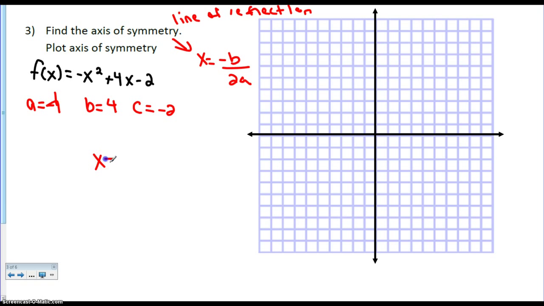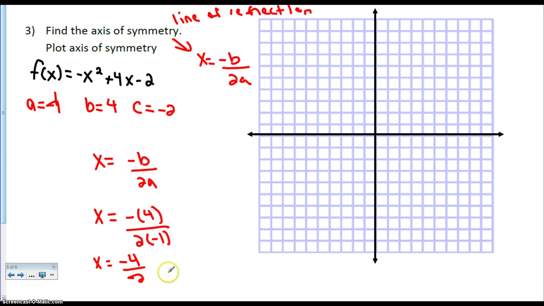So if I know that x equals negative b over 2a, what I'm really doing is taking negative 4 over 2 times negative 1. And when I do that, I get negative 4 over negative 2, and I get x equals 2 to be my axis of symmetry. So I'm going to draw a dashed line where x equals 2.